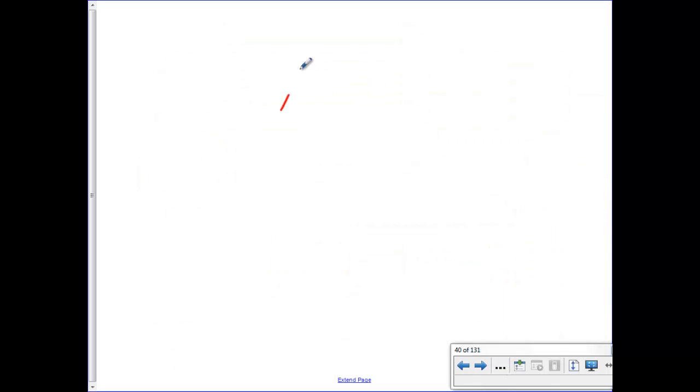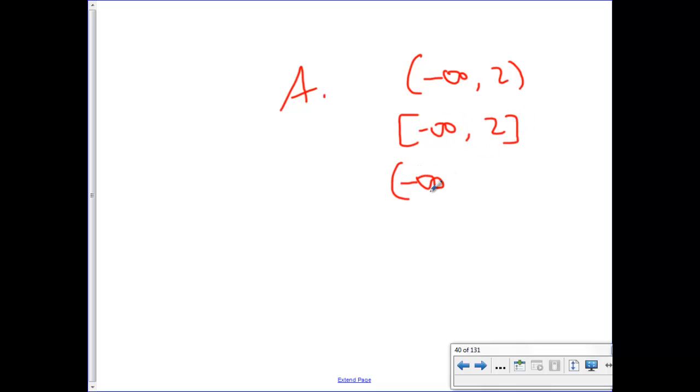For multiple choice, option A was closed bracket, negative infinity, 2, like this. Then they did this one, then this one, and then this one. The question was not testing whether you understand domain and range. It was testing whether you understand how interval notation worked. And so many kids got confused on it.